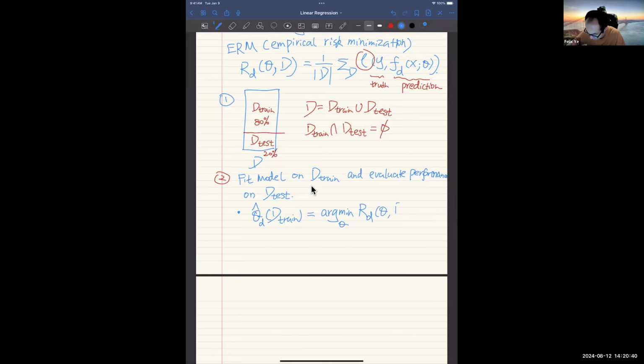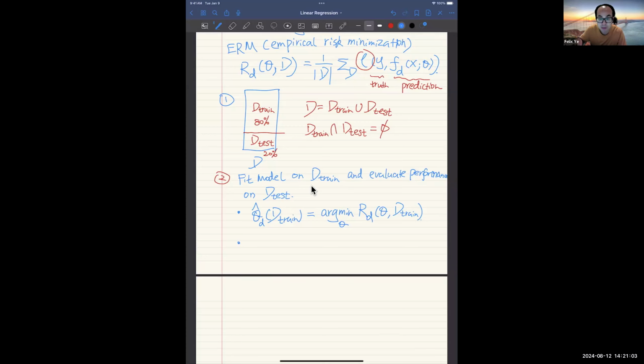Okay, so basically we are using the training data set to find the optimal theta to minimize this ERM. So this will be my optimal parameter for a fixed D.